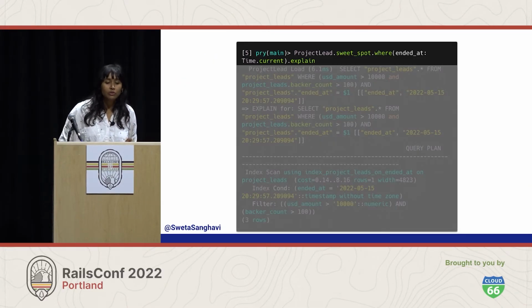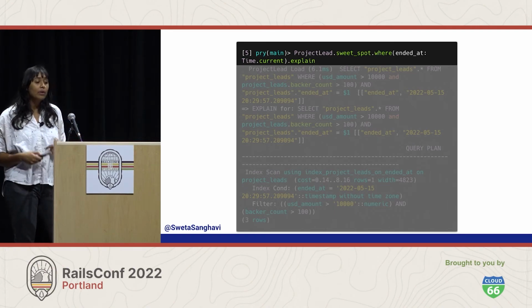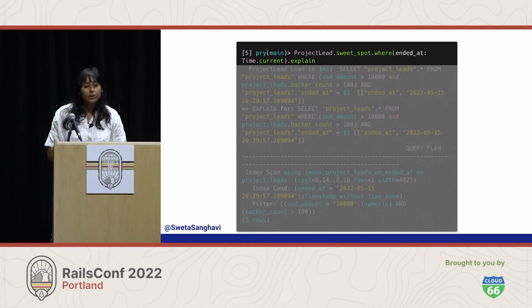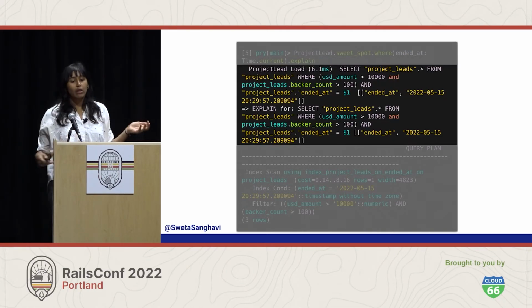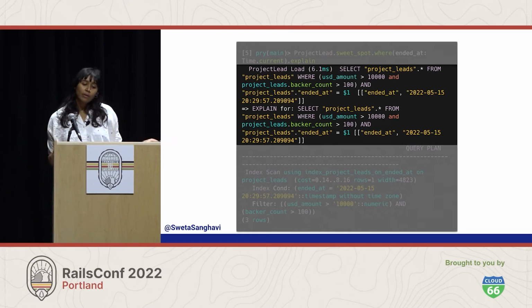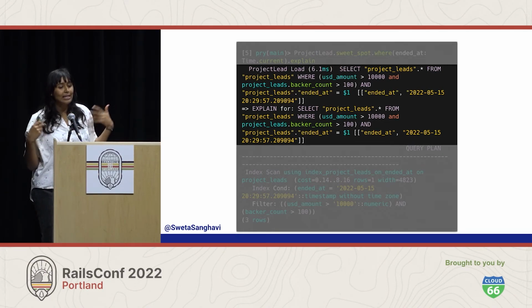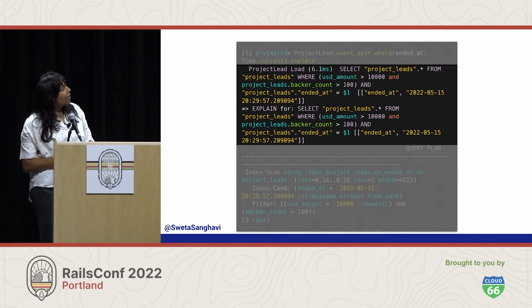Another tool that's really useful is the explain method that we can also run on an AR query object. So let's go through what that outputs. Explain will actually run the query, because of eager loading you might need to actually trigger the query to see what the runtime is.